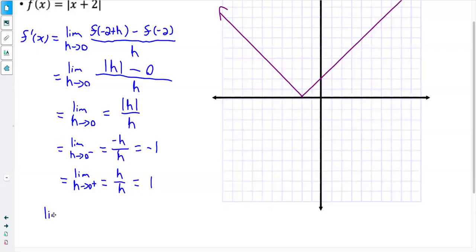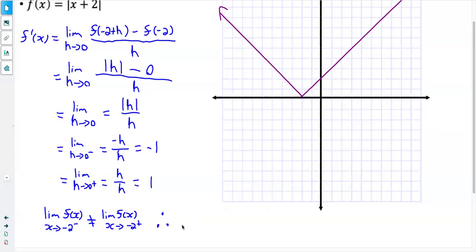So we can say our limit of f prime x as x approaches -2 from the negative side does not equal our limit of f prime x as x approaches -2 from the positive side.